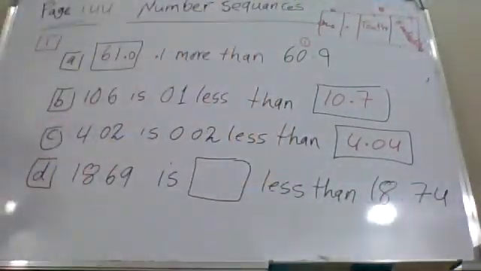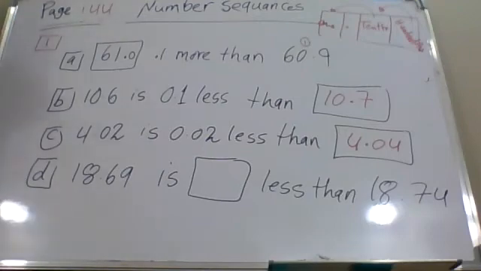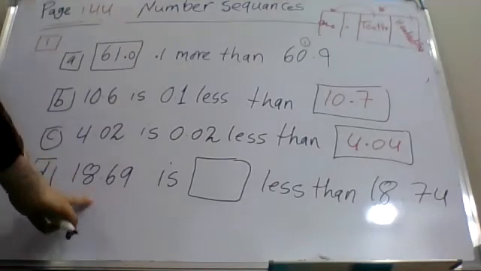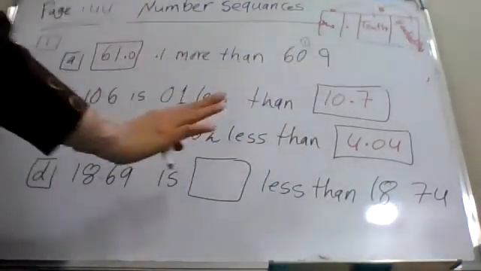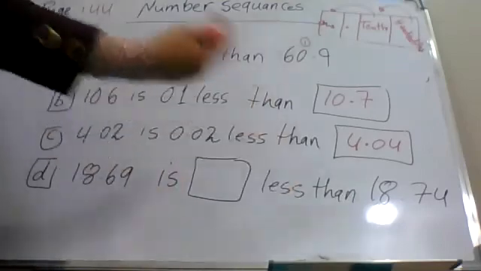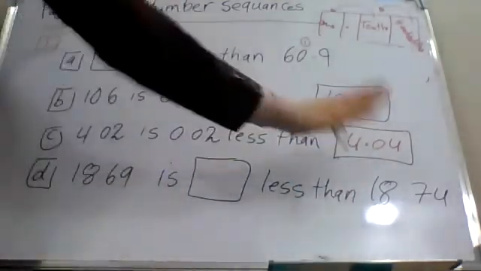Focus with me. This is a tricky question, okay? As long as we have two numbers, we need to find the difference between them, okay? We need to find the difference because even if it's more or less, there is a difference between them, okay?